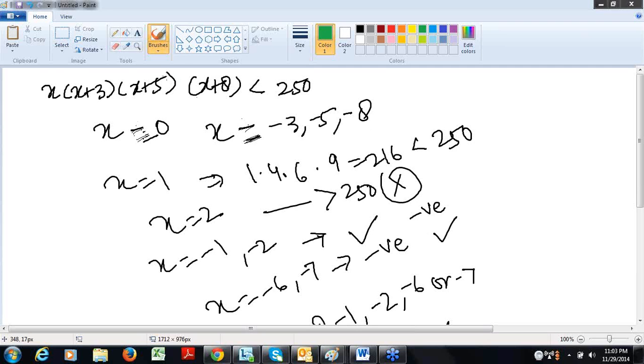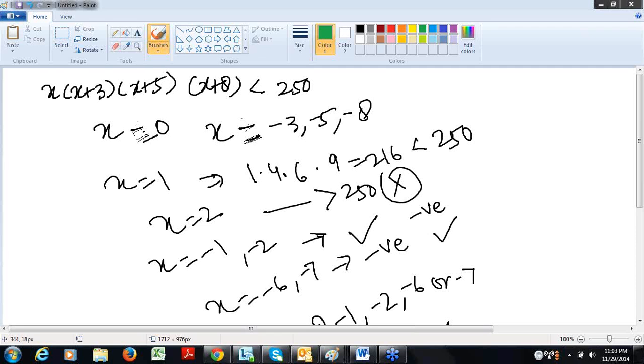Okay, so we have an inequality x into x plus 3 into x plus 5 into x plus 8 less than 250. So x is equal to 0 is clearly an option because it will be less than 250. x is equal to minus 3, minus 5 and minus 8 will be options. Now let us put x is equal to 1. We get 216, which is less than 250.